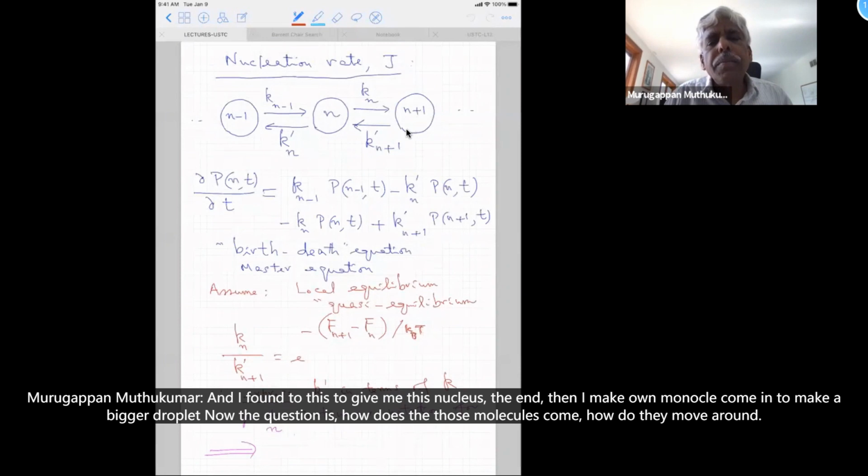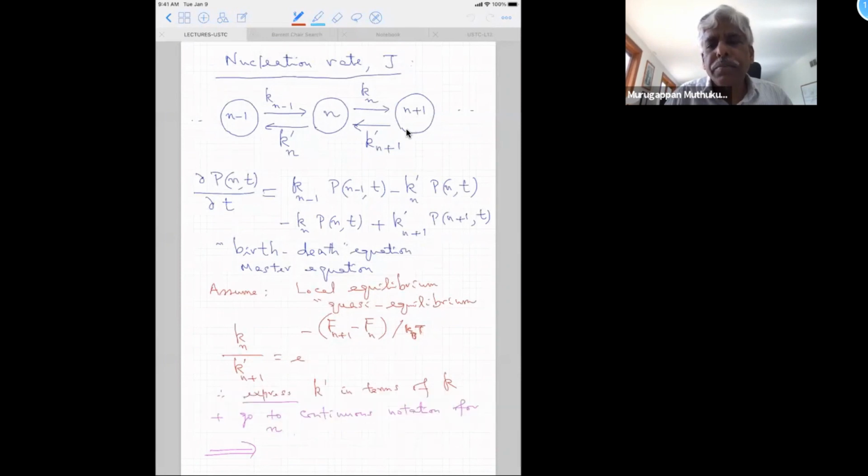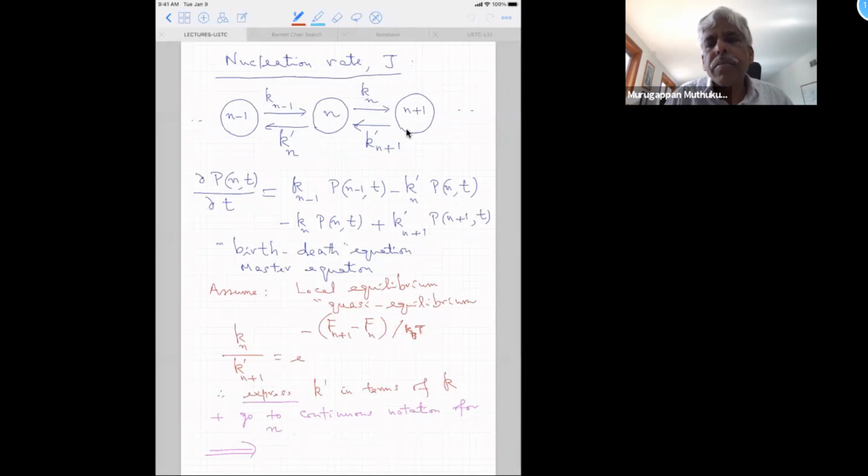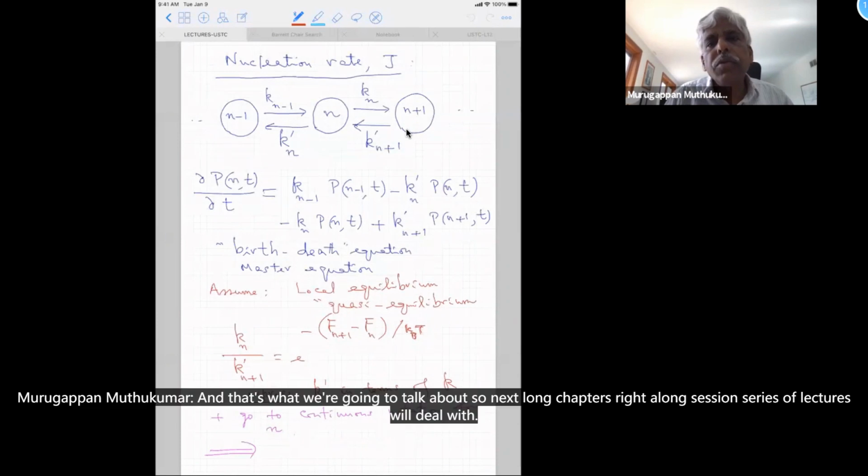Now the question is, how do those molecules come? How do they move around? What is the dynamics of this? How do they move in solutions? How do molecules move in solutions? And that's what we're going to talk about.